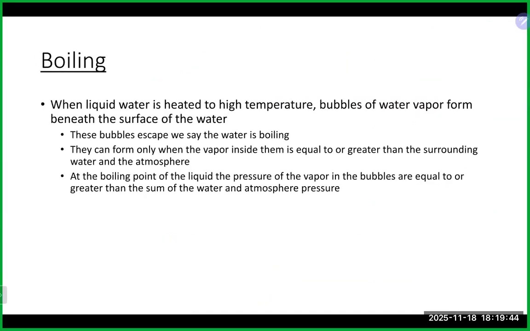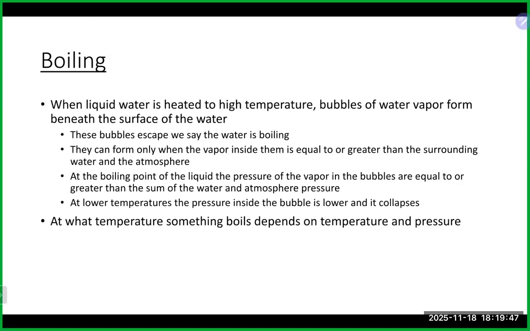So let's talk a little about some of the other processes that we do. Let's talk about boiling a liquid. So when we take something like liquid water and we heat it to a high temperature, we start to get bubbles that form in it, and that's bubbles of water vapor that form beneath the surface of the water. These bubbles escape, and we say that the water is boiling, but not all bubbles make it to the top, right?